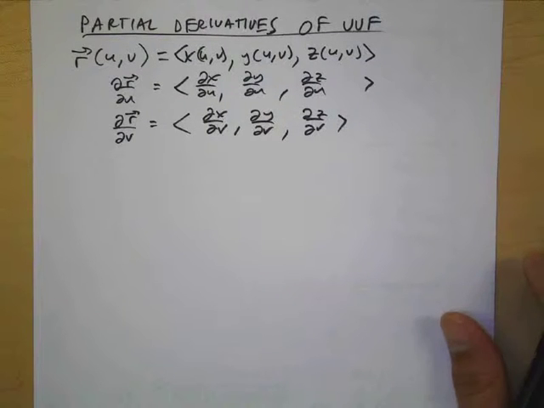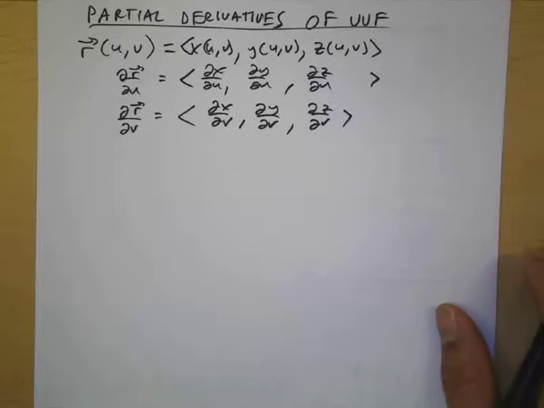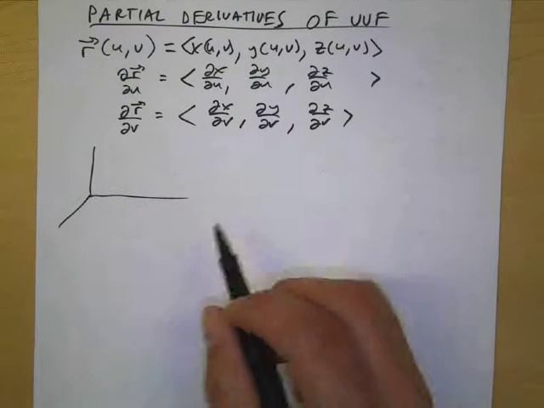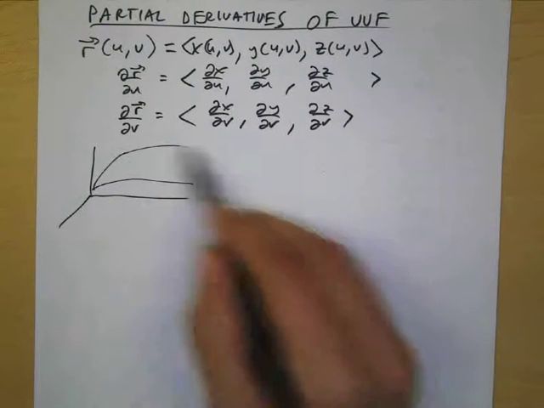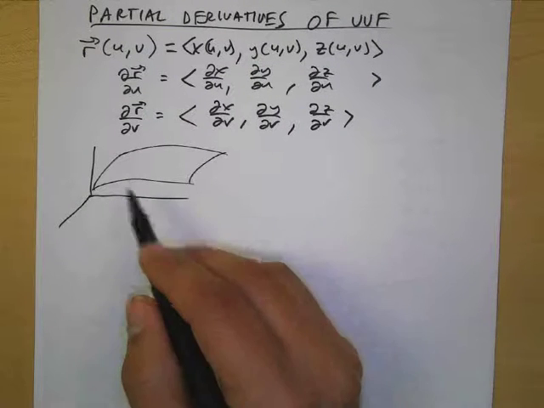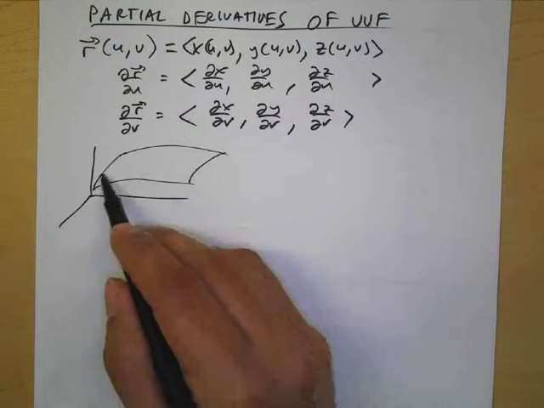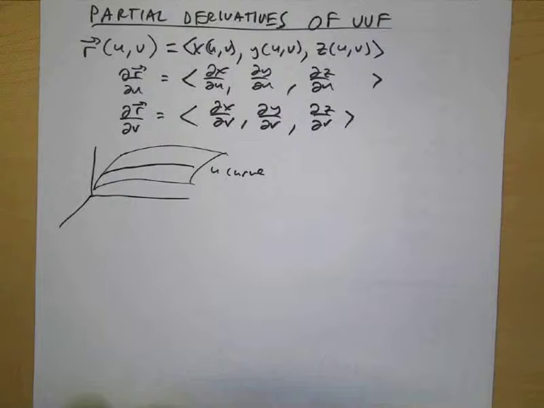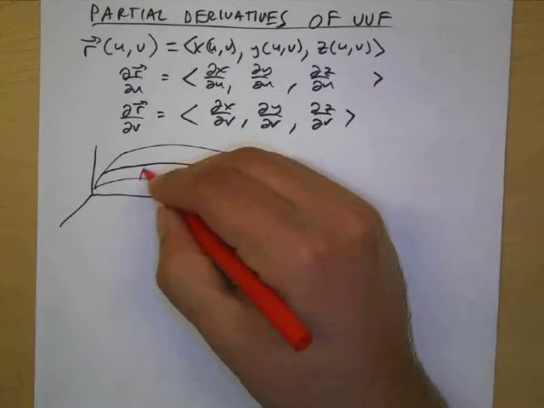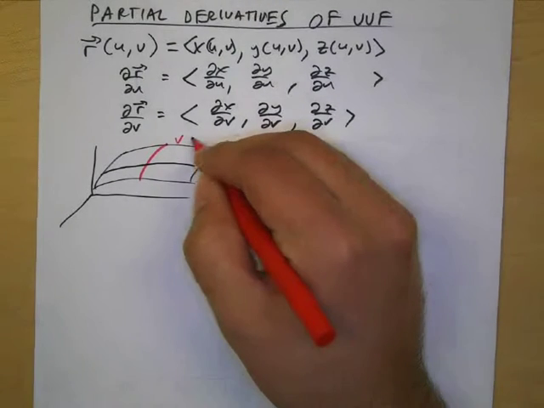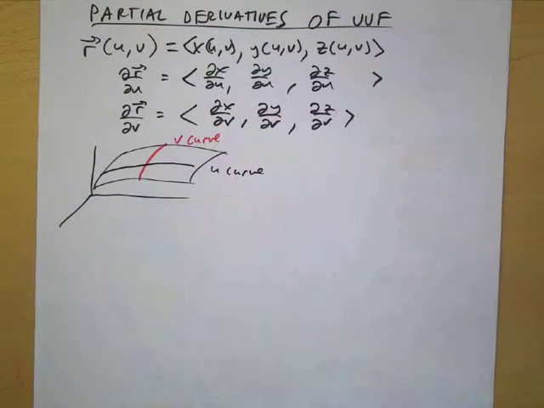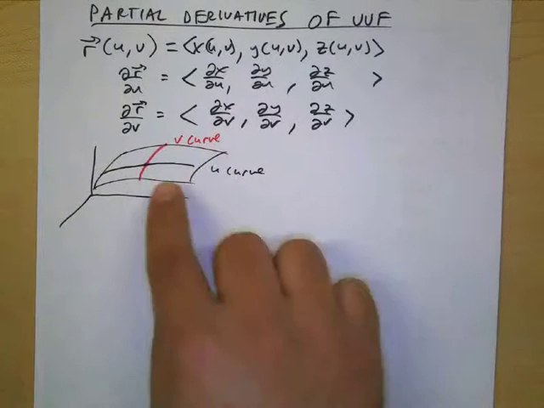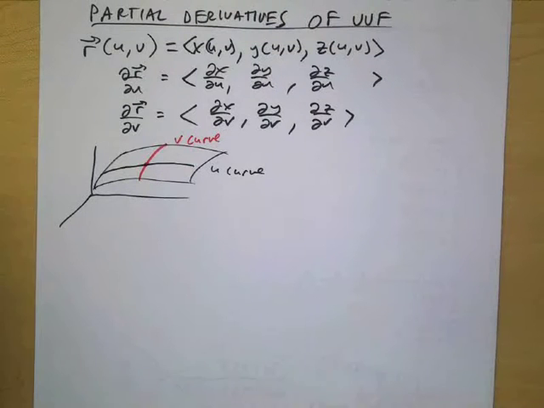So now as far as what they represent, here's a picture. Let's say we have a U curve and some V curve. And then at this point, we find partial r, partial u.